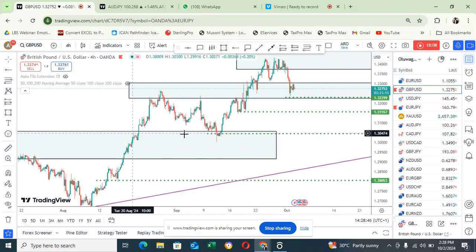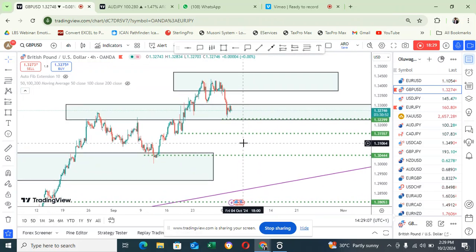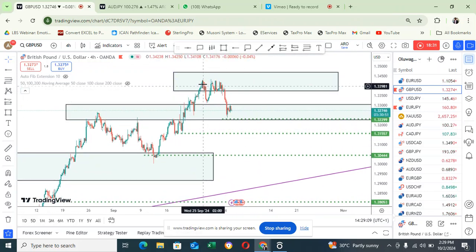That means this area is a very strong area in the chart. So you sell here, you buy here, you sell here. It was not coming back here, so you sell from here, you buy from here. I believe you are getting what I'm trying to explain here. Then another one, you buy from here, you sell from here.